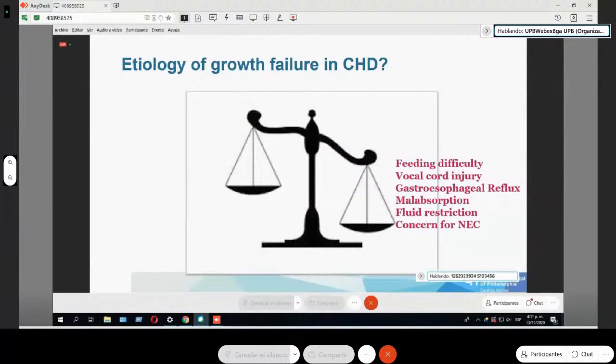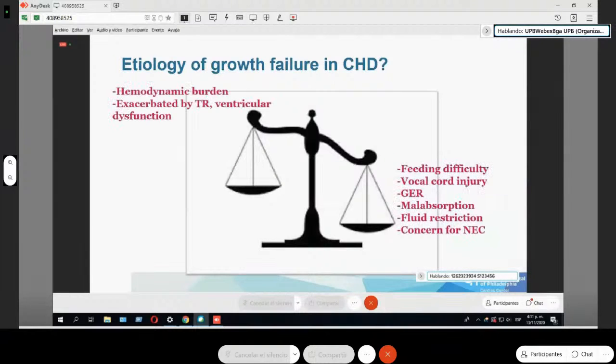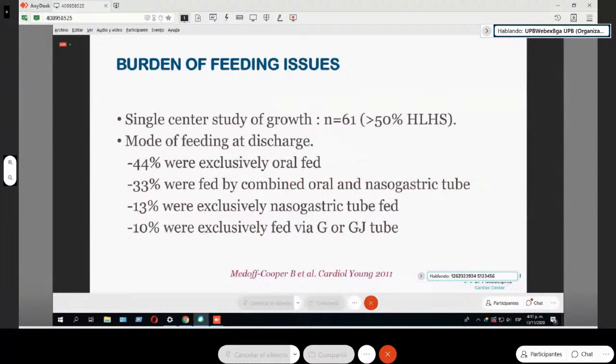Ahora, la restricción de fluidos y la mala absorción van a afectar a los bebés. De otro lado, tenemos un gasto de energía aumentado y todo eso puede ser excesivo en la carga hemodinámica y eso puede ser exacerbado por la enfermedad de ventrículo único.